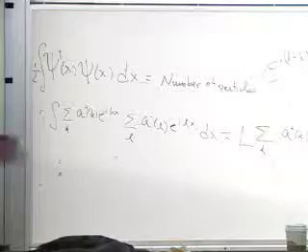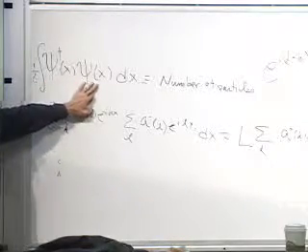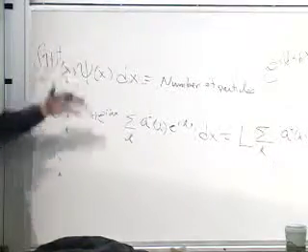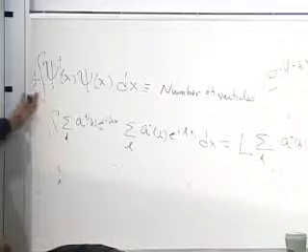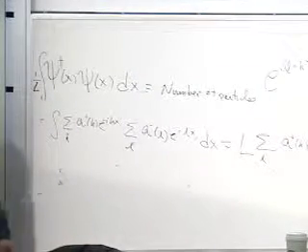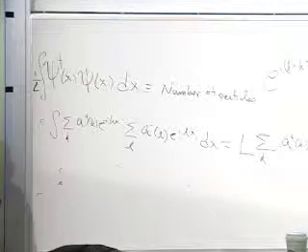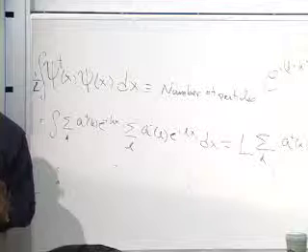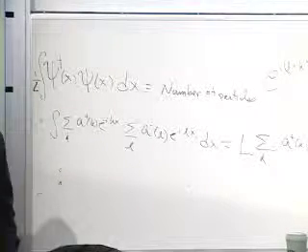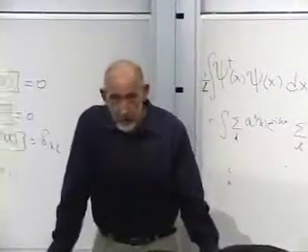Now, there are conventions where you absorb this L into psi, but I have been following a particular set of conventions. It's led me to have this 1 over L out here. That's all right, we can leave it there. But basically, psi star times psi is a counting quantity. It counts the number of particles. It's an observable, a quantum mechanical operator. But all it is is the number of particles.